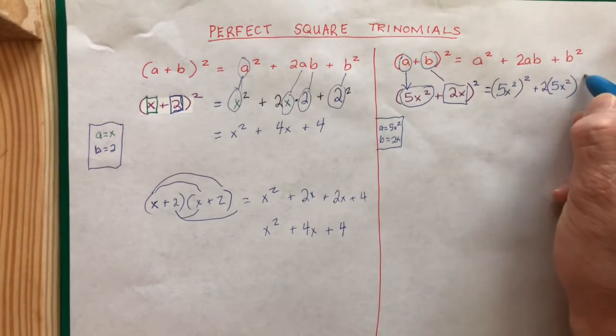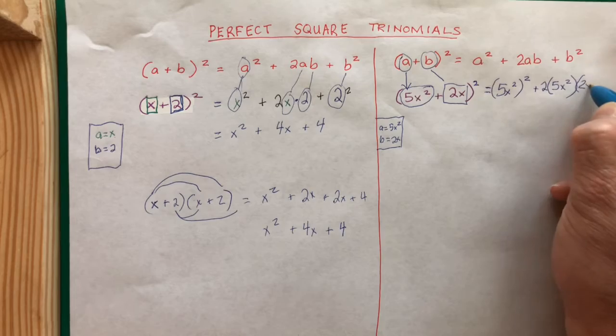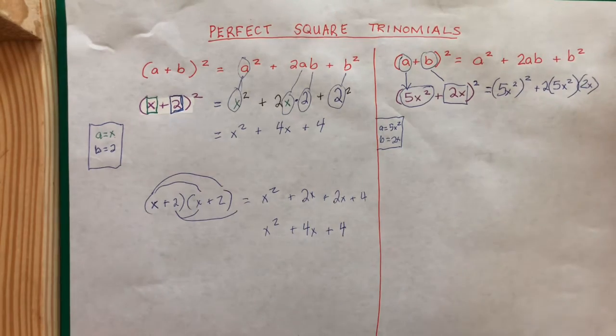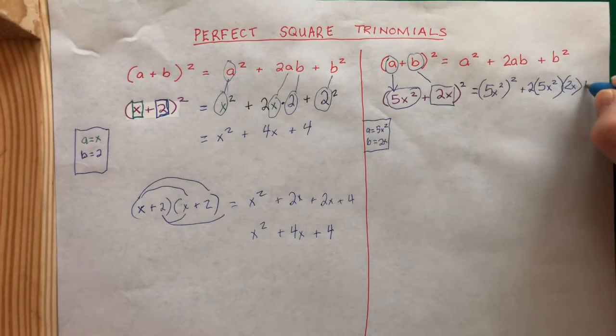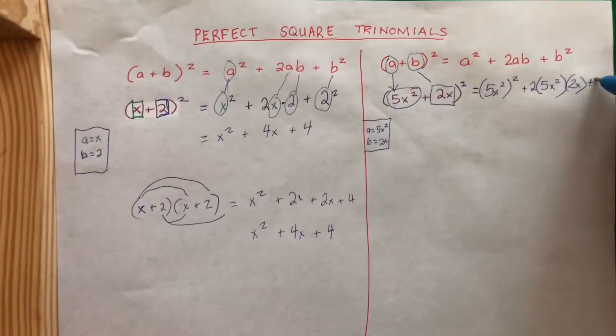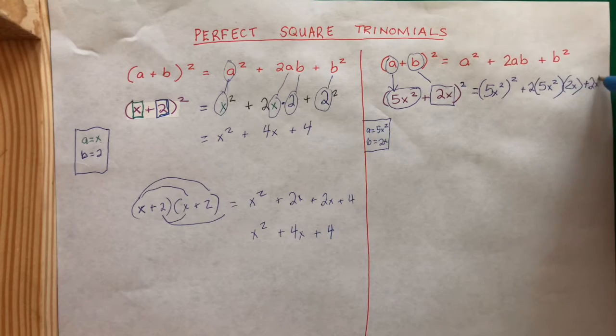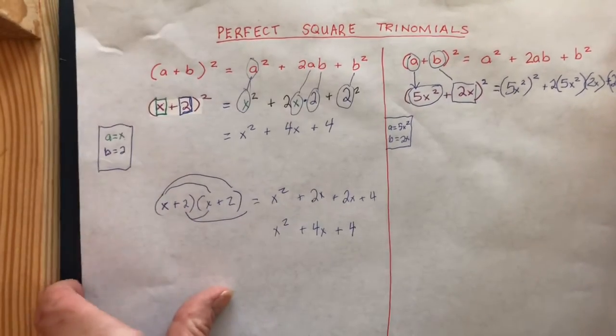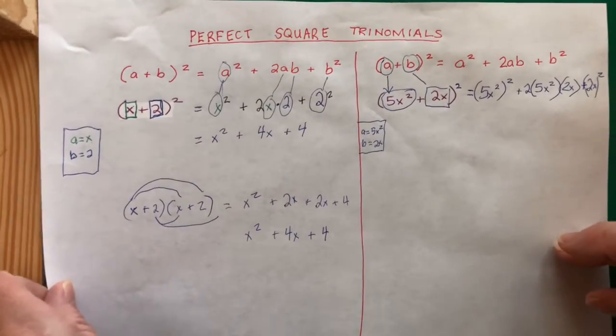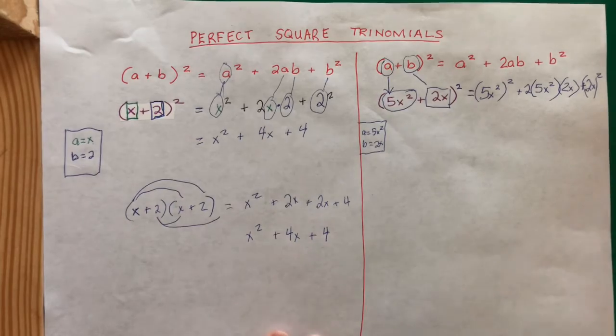It was 2x times 2x. Hope I'm not going to run out of space here. Plus, my b is 2x, so that whole thing is squared. Can you see that? Slide my paper over a little bit so you can see it better.